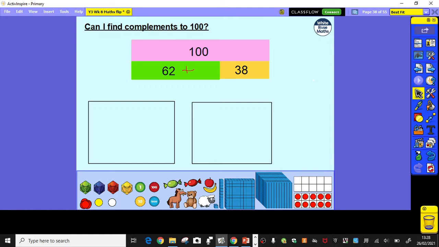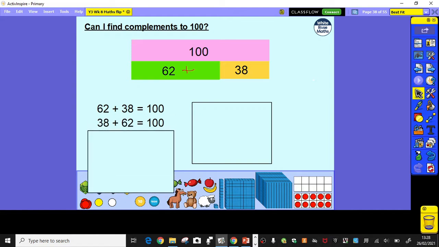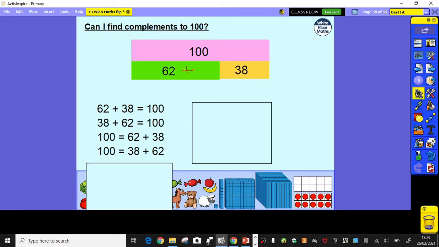So let's have a look at the different number sentences that we can write. So we've got 62 plus 38 is 100. 38 plus 62 is 100. Then we can swap it around so that we can say 100 is the same as 62 add 38, or 100 is the same as 38 add 62. Now I've also talked about if we are subtracting.